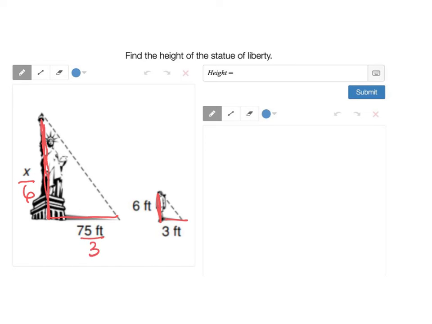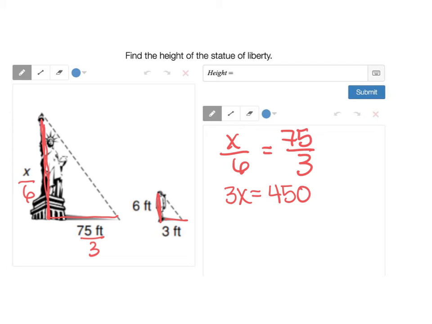So I'll put the 3 there. So I would do x over 6 equals 75 over 3. Is that the only possibility? No. Is it one possibility? Yes. Regardless of what method you use, you should get 3x equals 450. And when you solve and divide, you get x is 150.